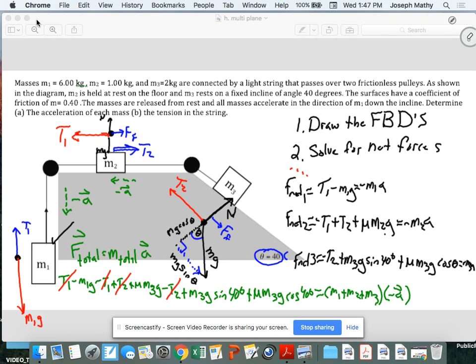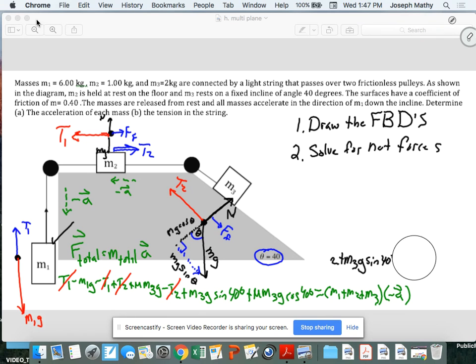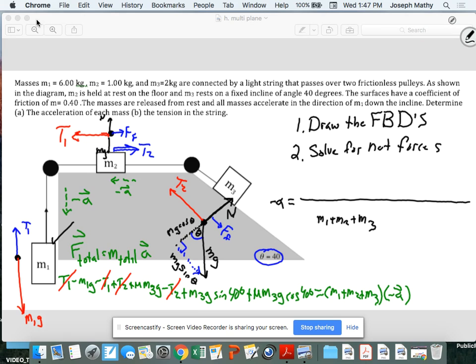Then if we rewrite this and solve for A, we can isolate A and say negative A equals the master equation, negative M1G plus mu M2G plus M3G sine 40 degrees plus mu M3G cosine 40 degrees, all over M1 plus M2 plus M3. All right, that is a lot to process.